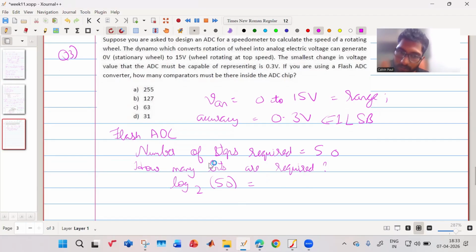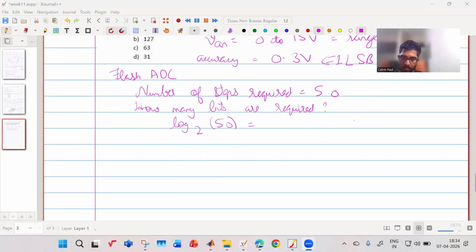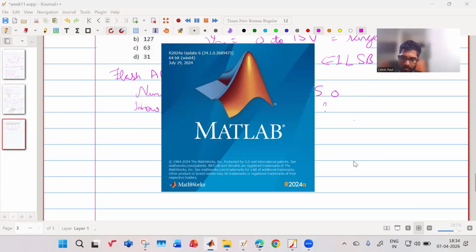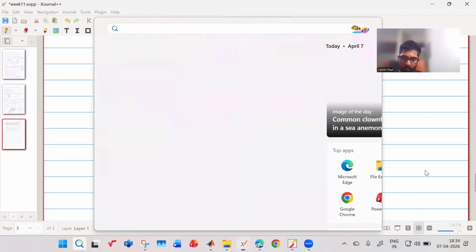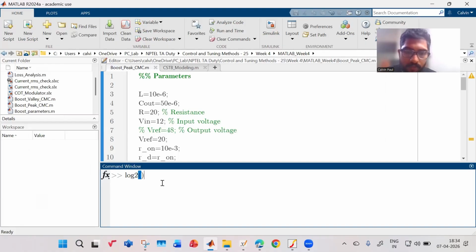Okay, if you have calculated, can you tell me log 50 to the base 2? 5.6439.